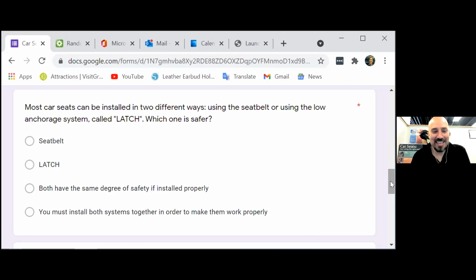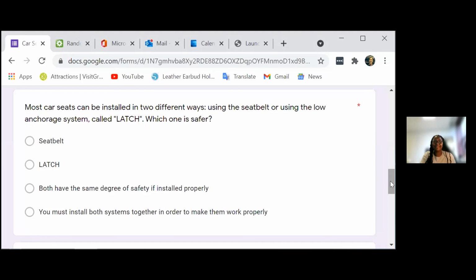They all erred on the side of caution; they selected LATCH or they selected both. The answer is both have the same degree of safety if installed properly. People ask us that question a lot, and the answer is whatever you are going to install correctly every single time is the one to use.